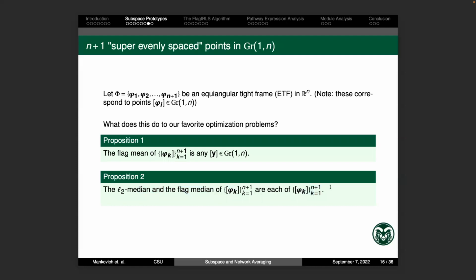So you lose uniqueness, not quite as bad as the flag mean, but you get every point in the data set. The first proposition, we can say we've proven is true. The second proposition, however, we've only proven for even n, which is kind of funny as well. It turns out that the odd n proof is still up for grabs. So if you're interested, we can chat about it.